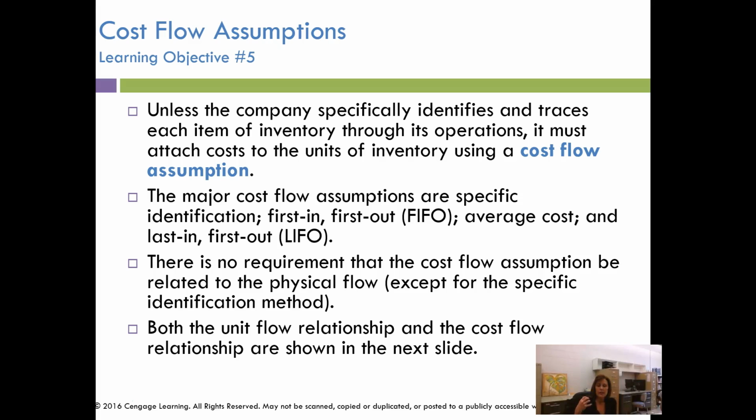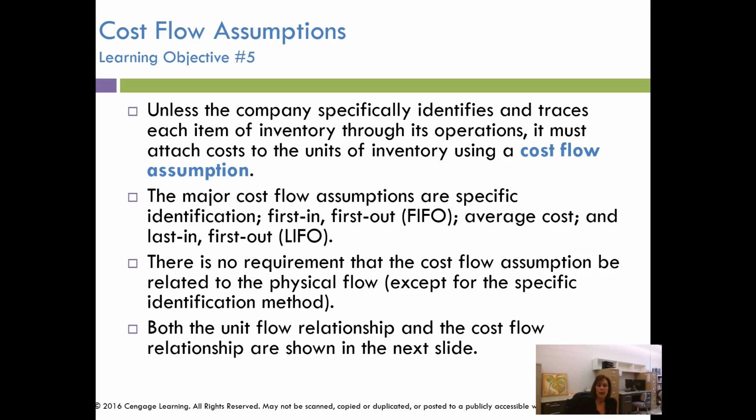Now, this is, for the most part, a theoretical exercise. It often doesn't have any actual link to the physical batches and the order in which each item is sold, or we don't often track things down to the individual item level.